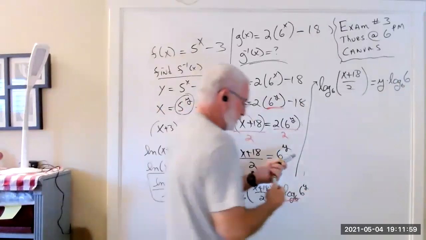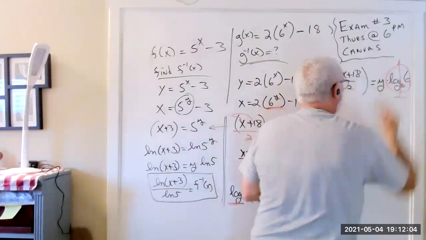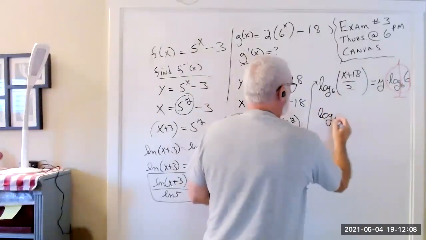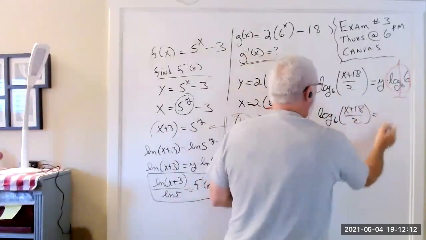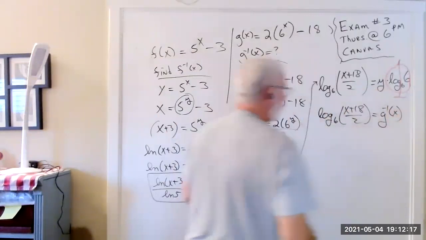And then this log base 6 of 6 is 1. So this is log base 6 of x plus 18 over 2 equals y, but in place of y, we write G inverse, and we're done.